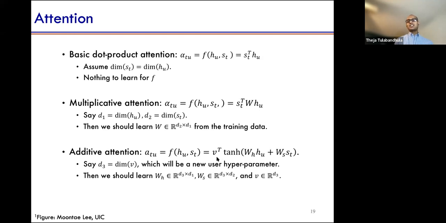These are just choices. People have tried to figure out whether certain types of attention do better than others, but I would say there's no clear winner. If attention is really making a big difference in your application, then it's worthwhile to spend some time on which attention mechanism is better.